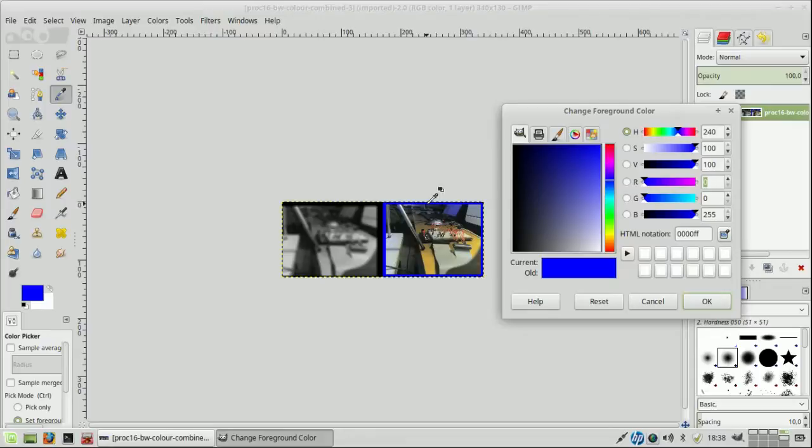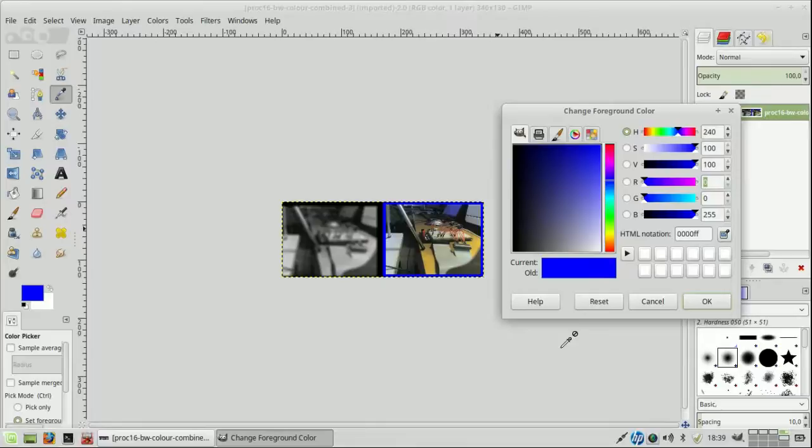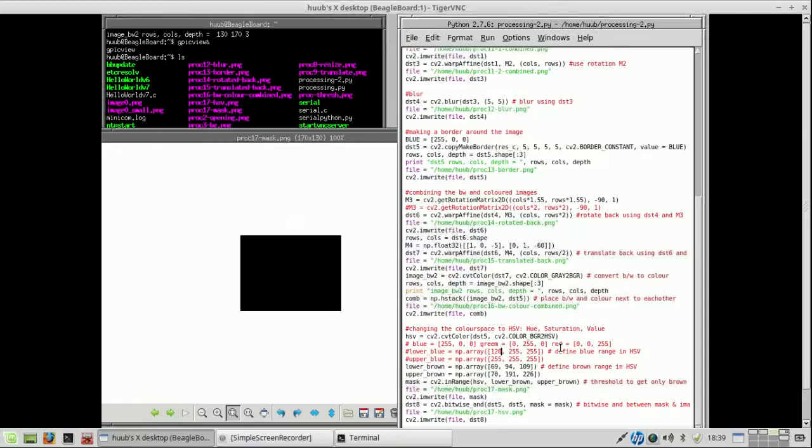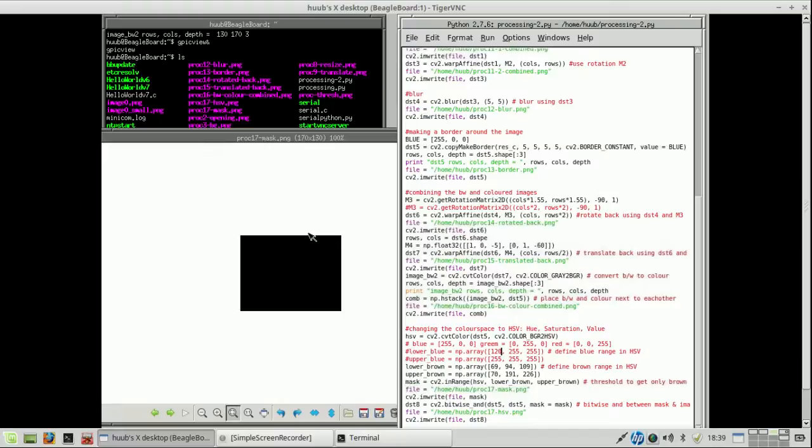So I probed the blue color, and these are the values that pop up, which are not in any way consistent with the values here, which raises the question, how do these values work to deliver the blue border?